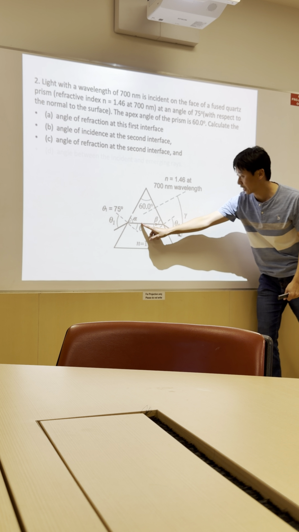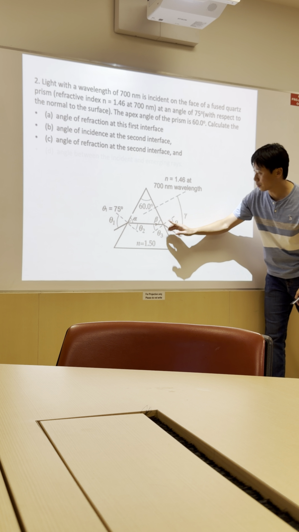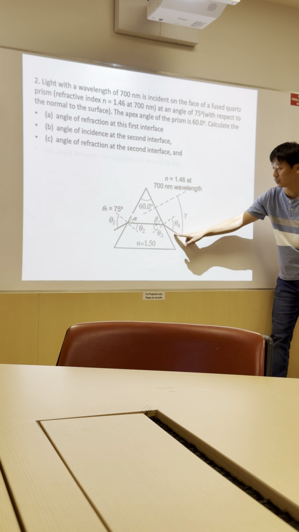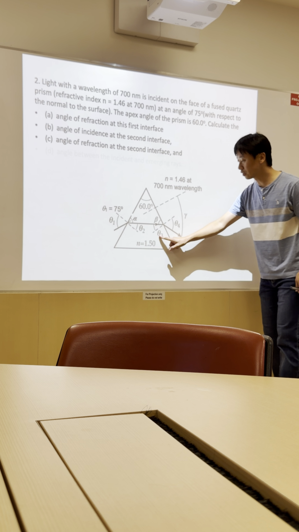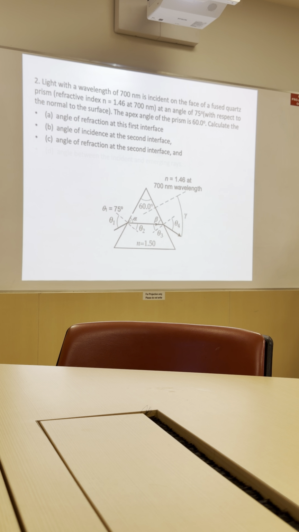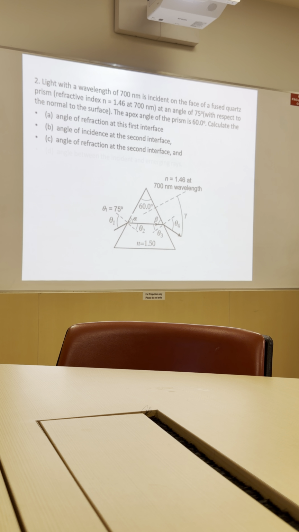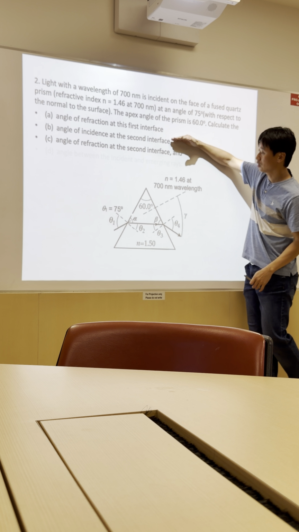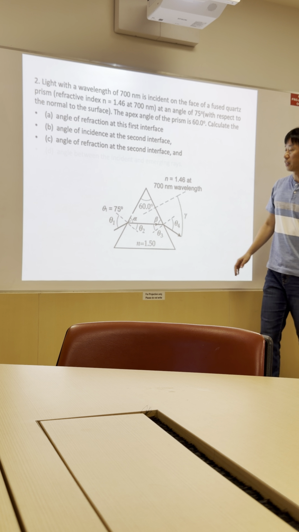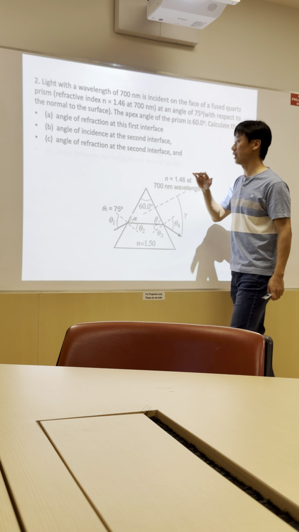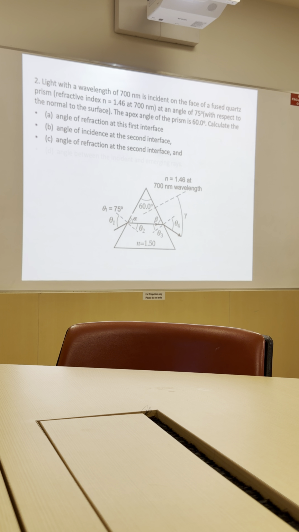This is the direction of the propagating beam, this is the incident beam at this interface, and this is the reflected light. So this theta 3 is the angle of incidence, and theta 4 is the reflected angle. So in the second question, you want to calculate theta 3. And then lastly, you will calculate the angle of the reflection at the second interface, which is theta 4.